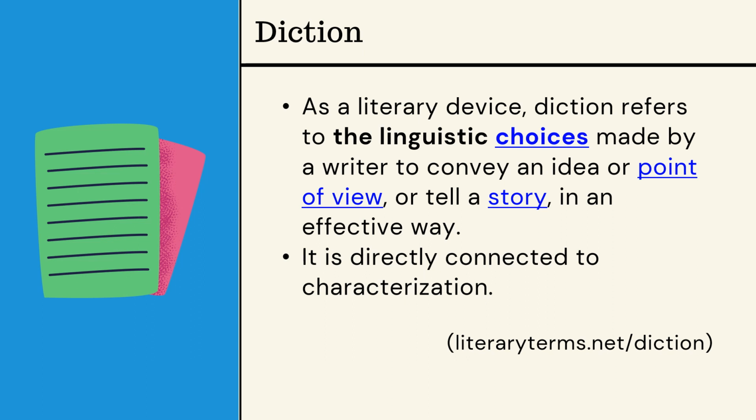So diction refers to your choice of words as a writer, the linguistic choices, as written there in our visual, made by a writer to convey an idea or point of view or tell a story in an effective way, and it's directly connected to characterization. Why? Because the way you speak describes a personality. Right? Like, for example, your character is a probinsyana, like a girl from the province.